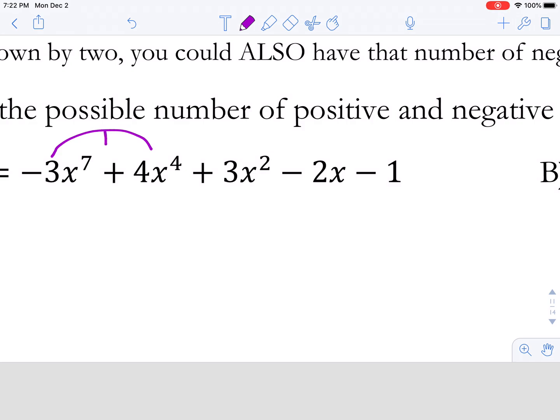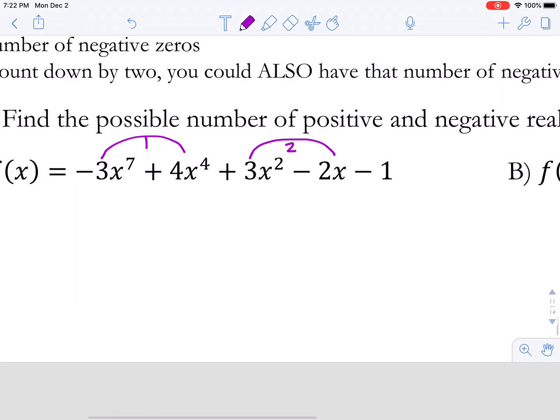So this is one sign change. Then you can see from +4 to +3, that's not a sign change, so I'm not going to count that. But then I would go from a +3 to a -2. So that's a sign change. And then the last one is a negative to a negative. That's not considered a sign change.